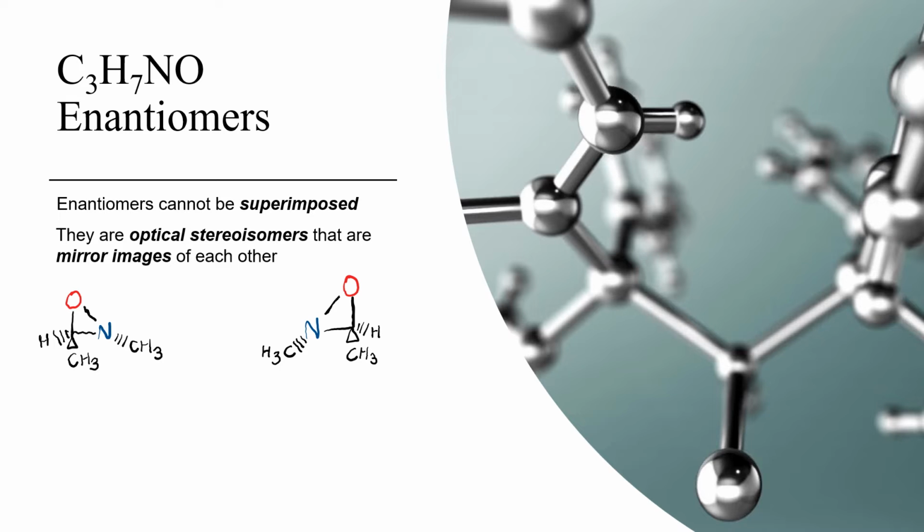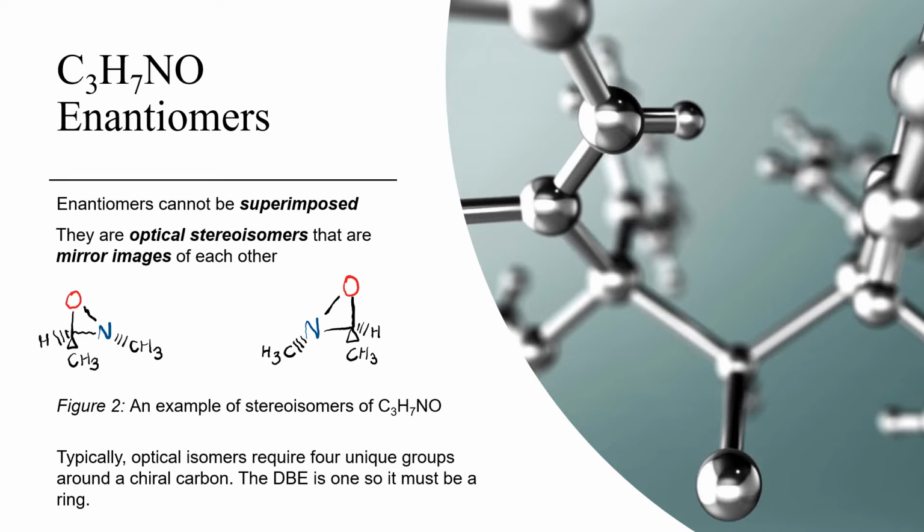We know that it must be a ring structure, because generally optical isomers require 4 different groups around the chiral carbon in the center, and we already calculated that the double bond equivalence is 1, so it must have a ring structure.